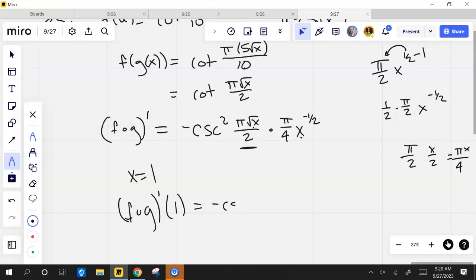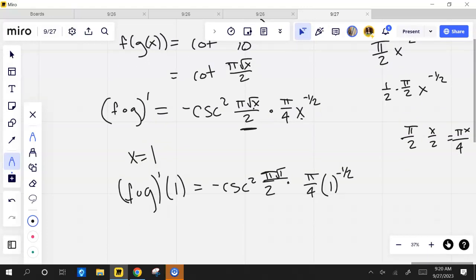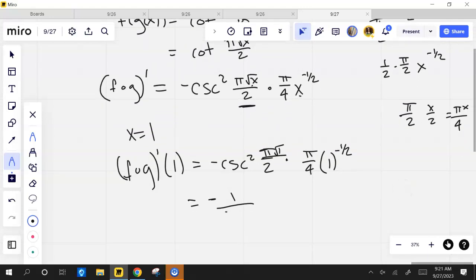All right, so when I plug in, I'm going to assume this is probably a non-calculator problem because I'm at pi over 2. This is square root of 1. Cosecant is the flip of sine. So sine of pi over 2 squared times pi over 4.